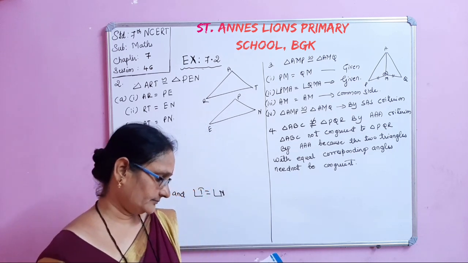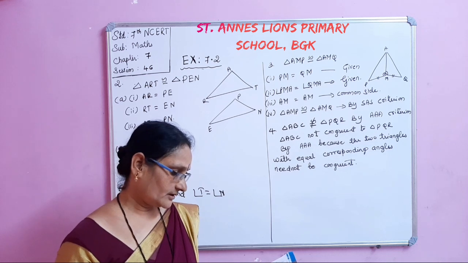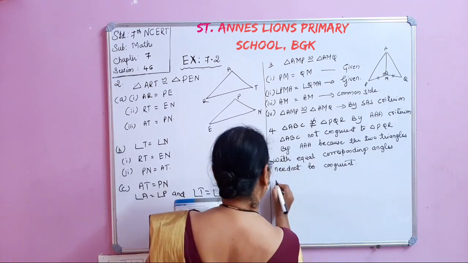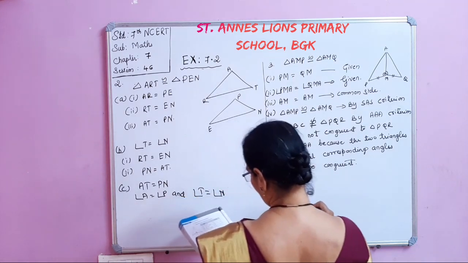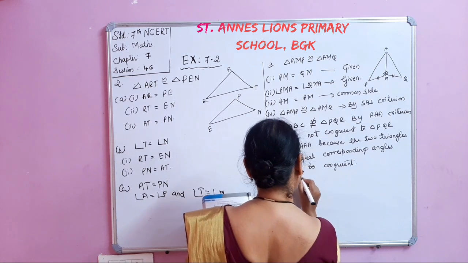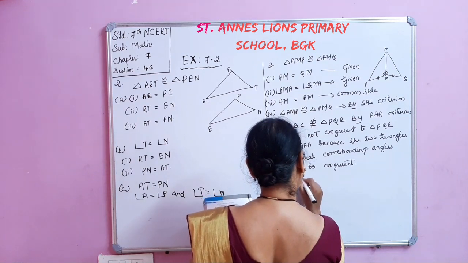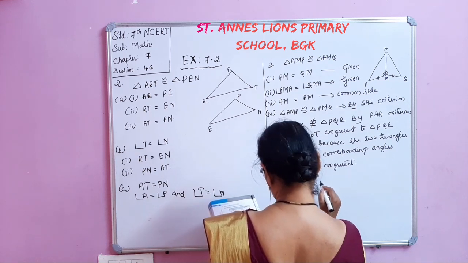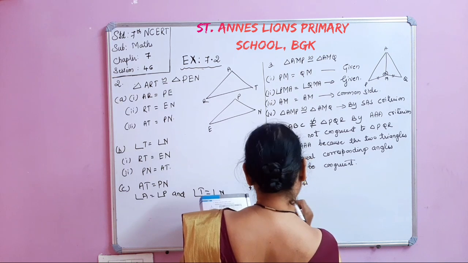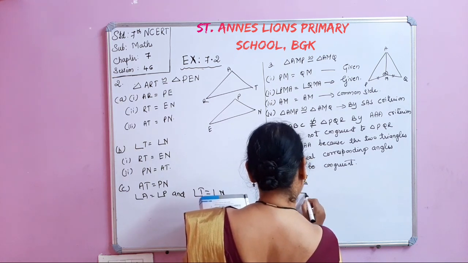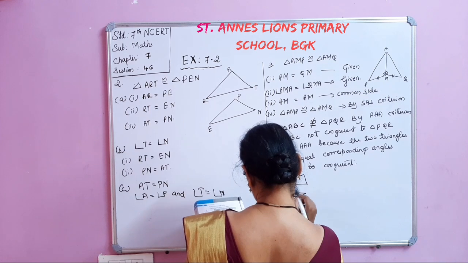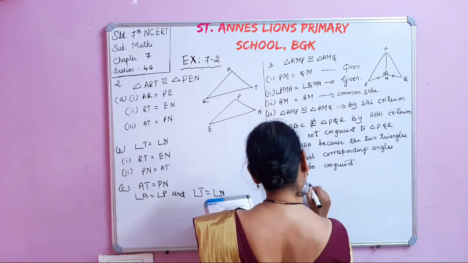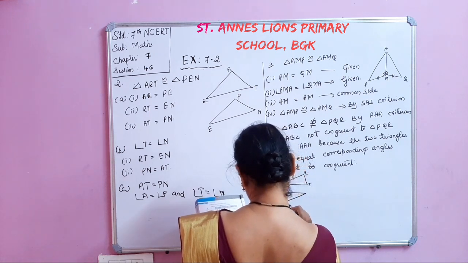Then the fifth one, two triangles are given. This is one triangle and this is one triangle. So this is ART, and this is WON.